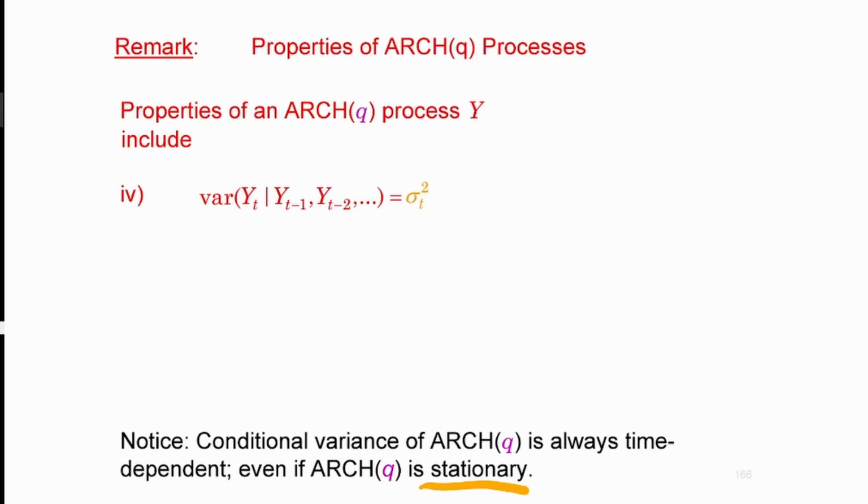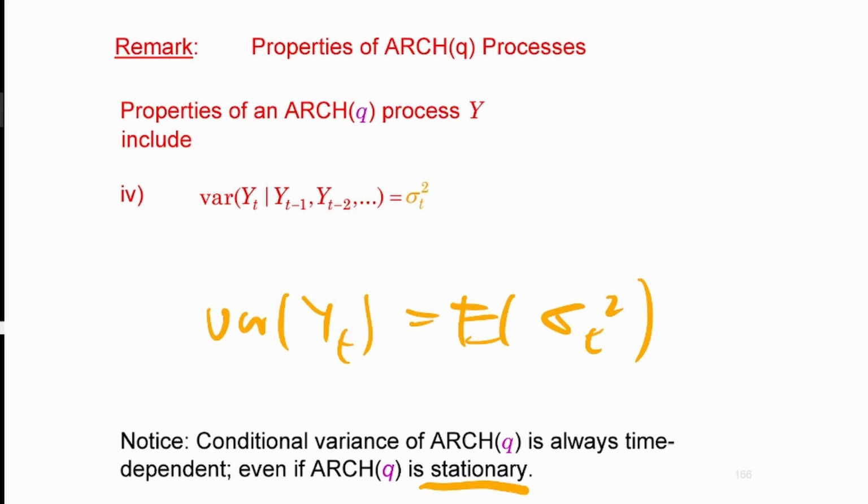You understand what I'm saying? The unconditional variance, which I'm calling here the expectation of the square of sigma, whether this thing is time dependent or not will decide whether the process is stationary. But keep in mind, this is a very important issue: stationarity does not require the conditional variance to be time independent.